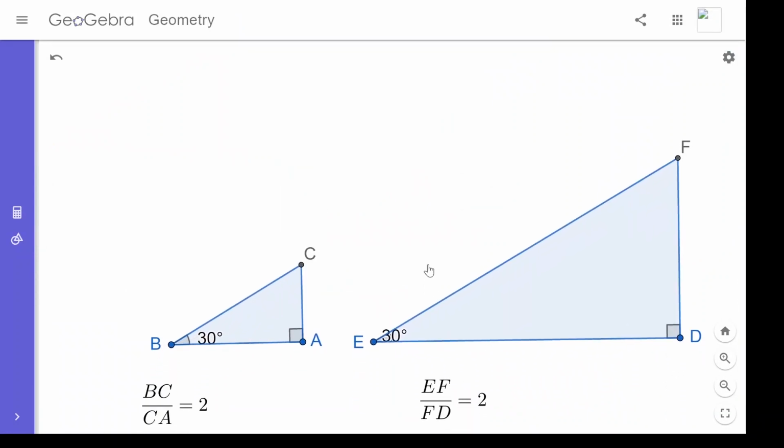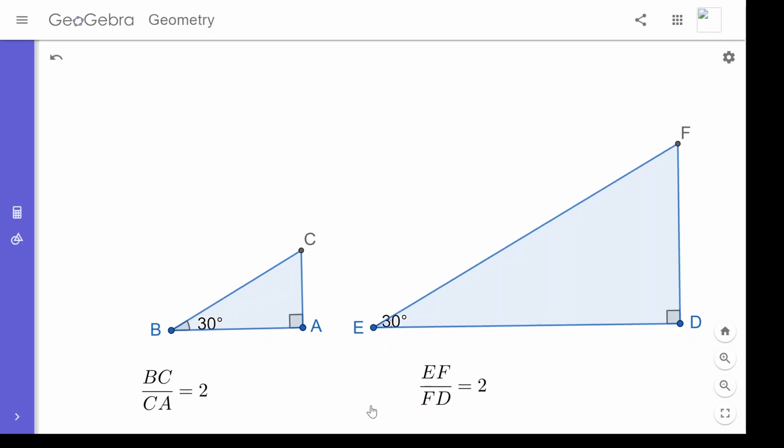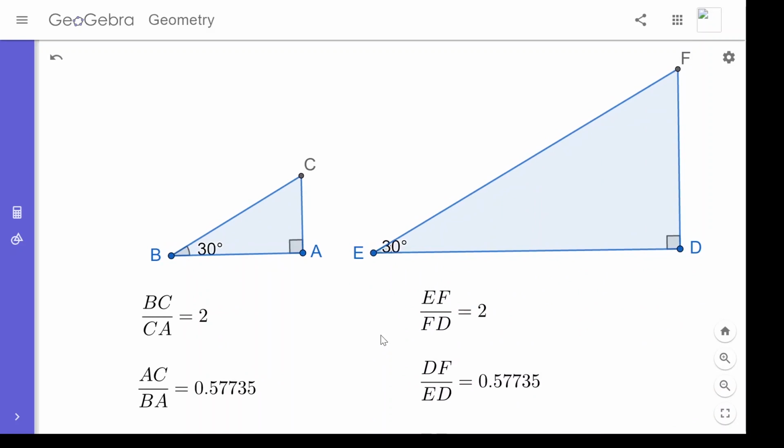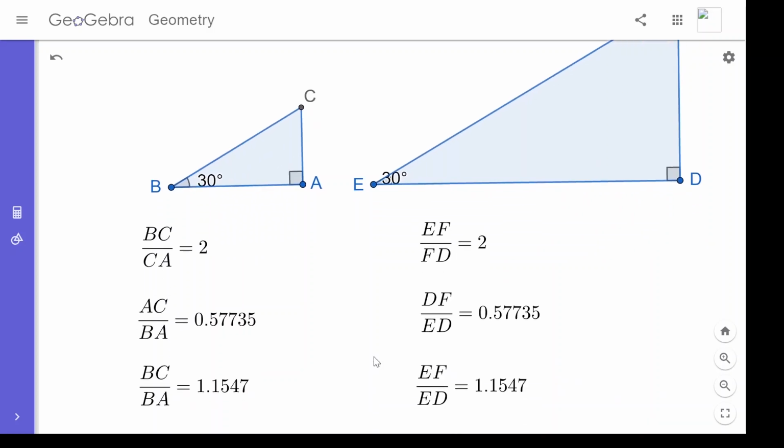So first, the ratio of BC to CA is 2, while the ratio of EF to FD is also 2. The ratio of AC to BA is equal to the ratio of DF to ED, and the ratio of BC to BA is equal to the ratio of EF to ED.